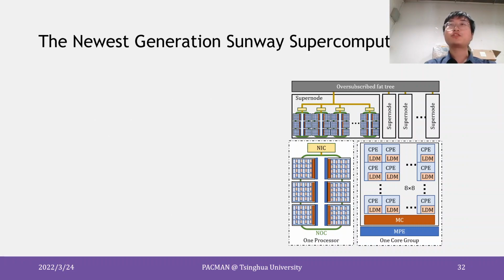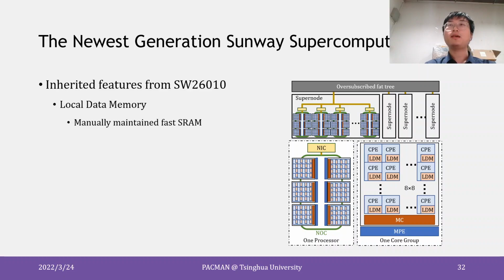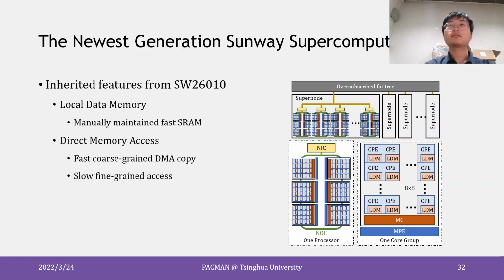The inherited key features from the previous generation include the local data memory, LDM, and the direct memory access, DMA. The former is a manually maintained fast SRAM, and the second is a mechanism enabling fast coarse-grained copy between main memory and LDM. Fine-grained accesses to the main memory, while possible, remain slow on this processor.